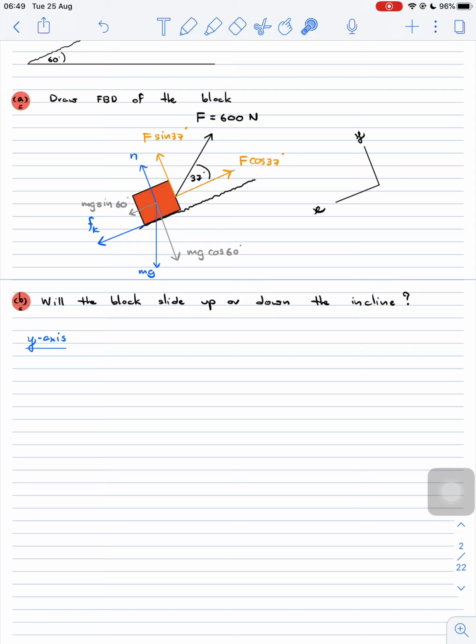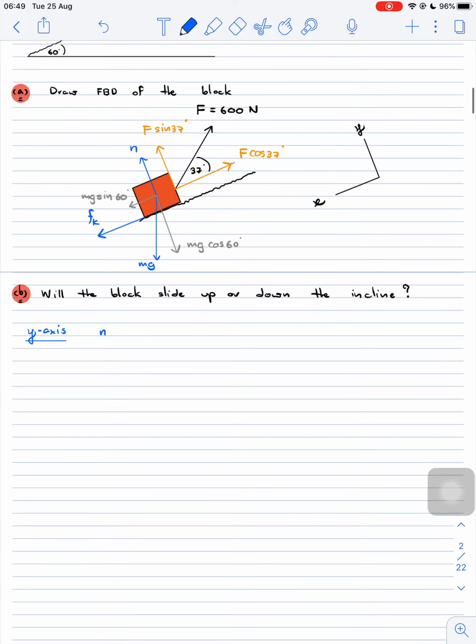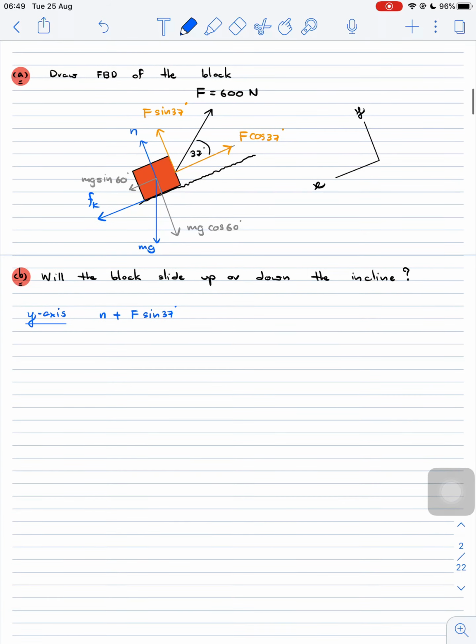Then we can see that we have the normal force and the F sine 37 degrees pointing in the upward direction, the positive y-axis. And then the mg cosine 60 points in the negative y-axis. In this case, the normal force plus F times sine 37 degrees must be equal to mg times cosine 60 degrees.